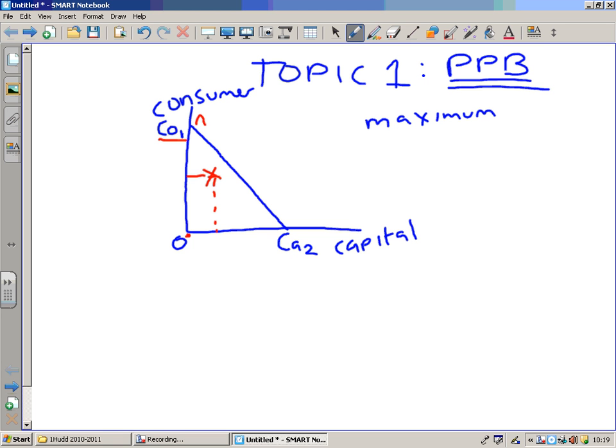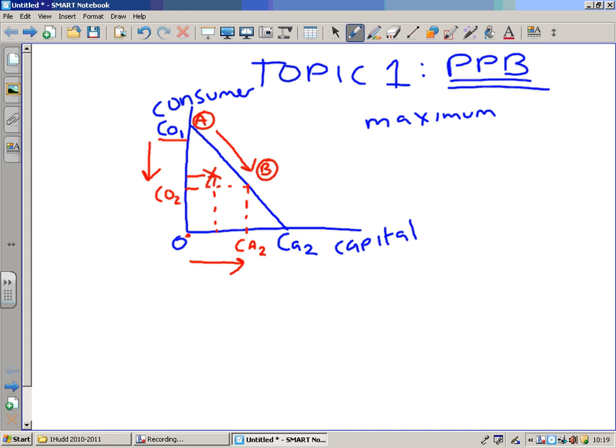Let's label that point A. If this country now decides they want to make more capital goods, and they decide to move to point B, let's label point B CO2 and CA2. So what we can see here is, as we go from CO1 to CO2 and from 0 to CA2, we're now producing more capital goods at the expense of consumer goods.